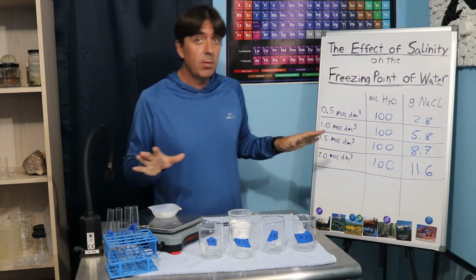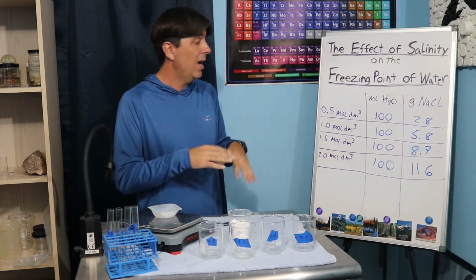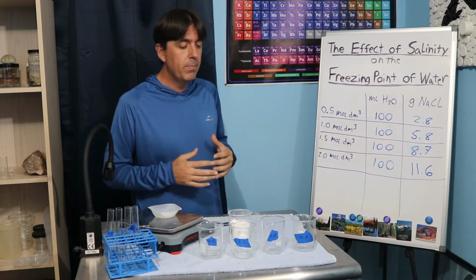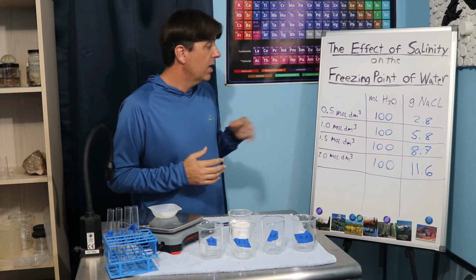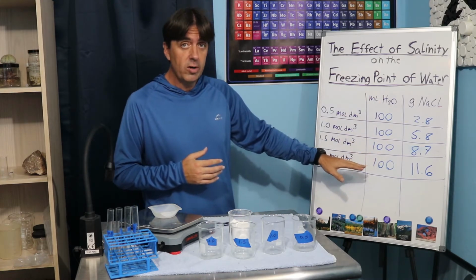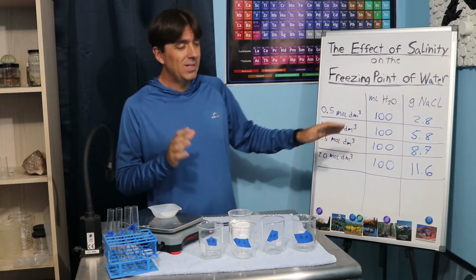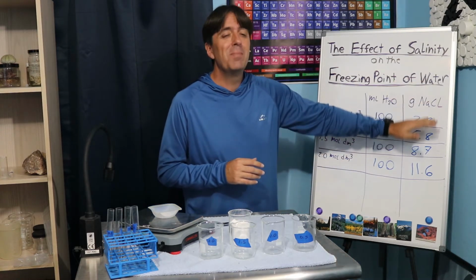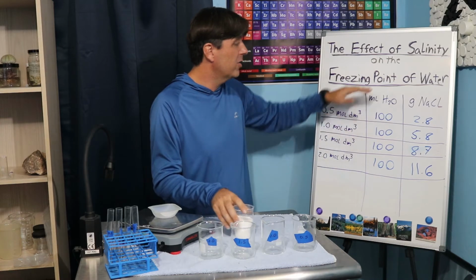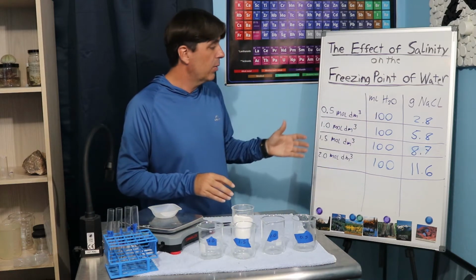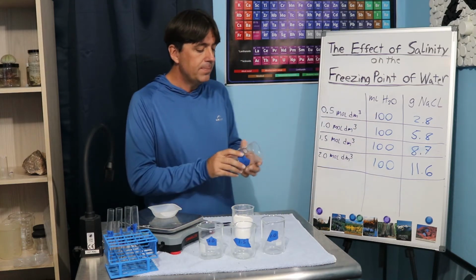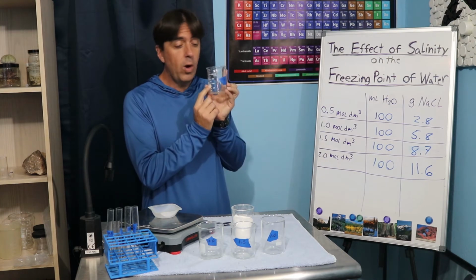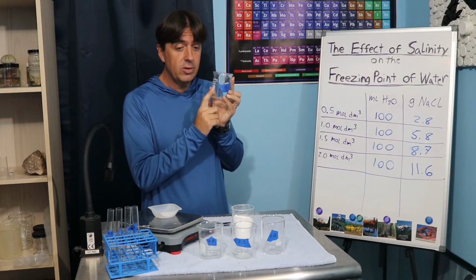So now that we have them all labeled, we're going to talk about actually how to get the molarity we're looking for. And we're going to do that by adding a certain amount of salt per 100 milliliters of water. We're going to put 100 milliliters of water in the test tube, right?